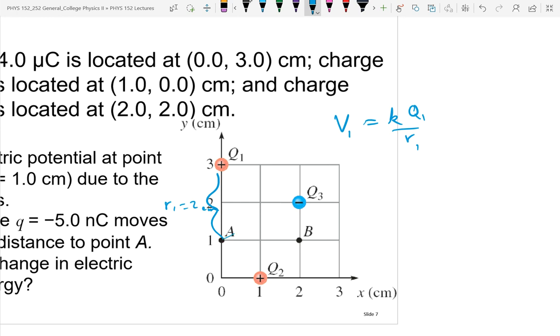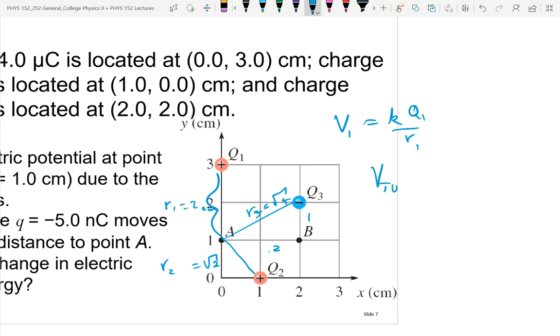And then I do this one here, which is square root of 5 is what R2 is. And this one here, square root of 2, is I got 2 and 3. That's 3. This is 2. And so I just get those distances and I put them all in.